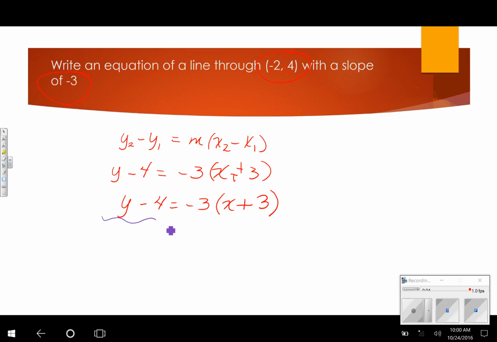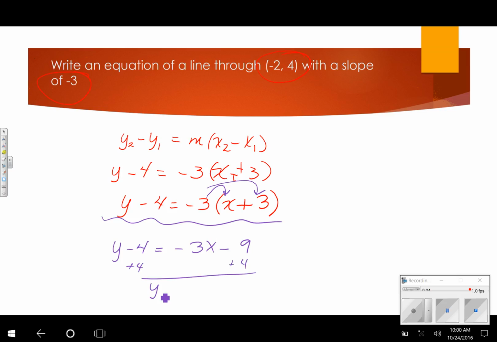Like I said, if you're not given a form, I would leave it like this, but in order to put it into slope-intercept form, I'm going to distribute the negative 3, so I would get y minus 4 equals negative 3x minus 9. I'm going to add 4 to both sides. I'm going to get y equals negative 3x minus 5. So these are the same equations, just written in different forms.